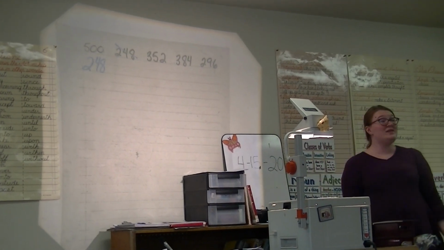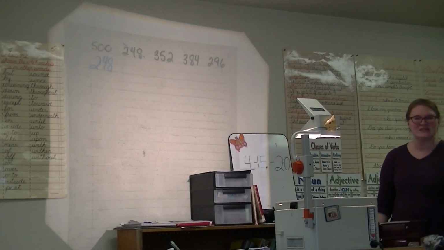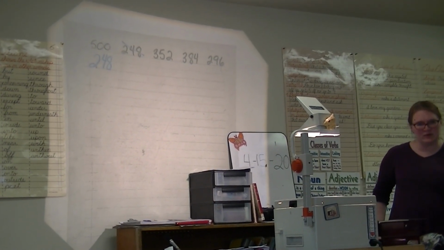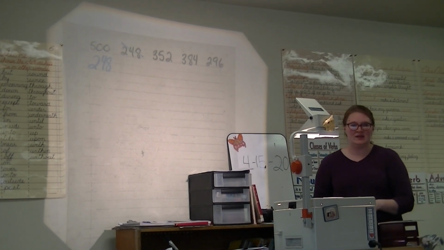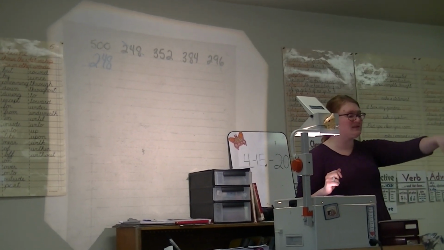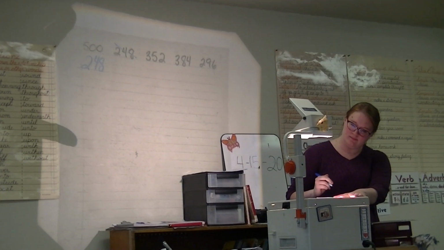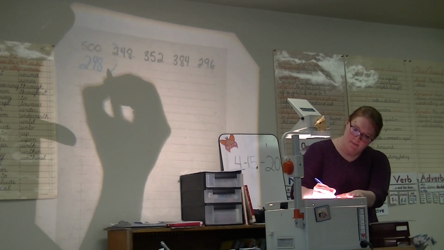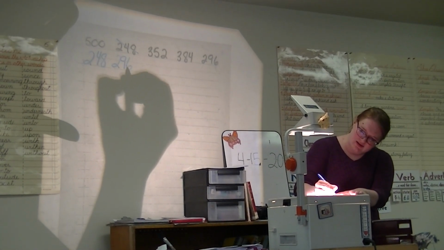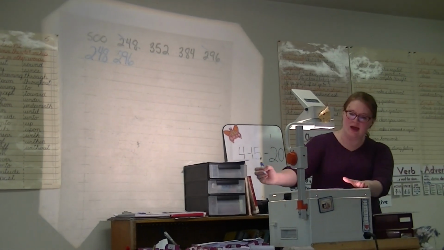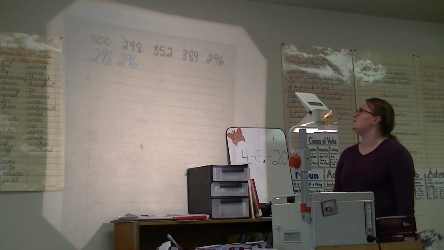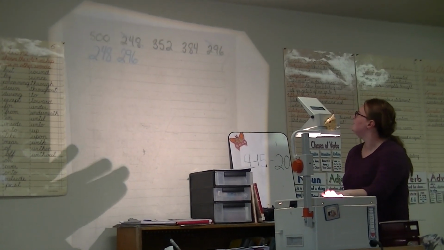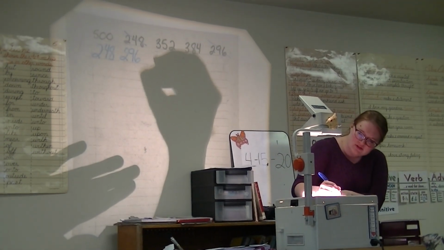What number is the next least? Do you see where to write it? Okay, Rembrandt, what is the next least? 296. Easy as pie. All right, Elena, what is our next number of least value? 352.